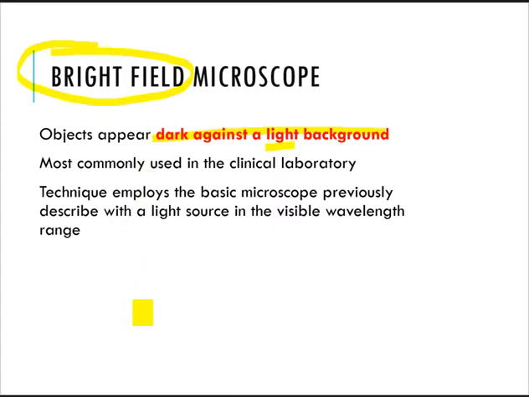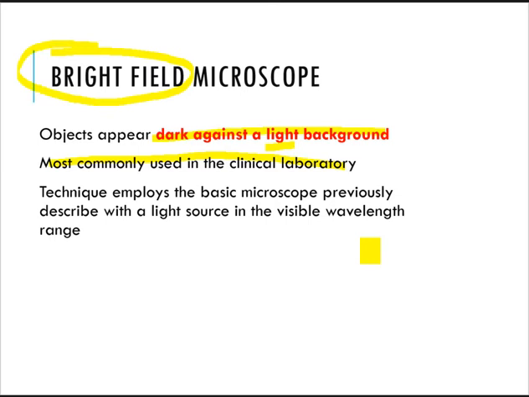Anyway, your bright field microscope is most commonly used in the clinical lab. It is used even in laboratories that are not so big, not in a big hospital. This is usually what we use, more standardized.